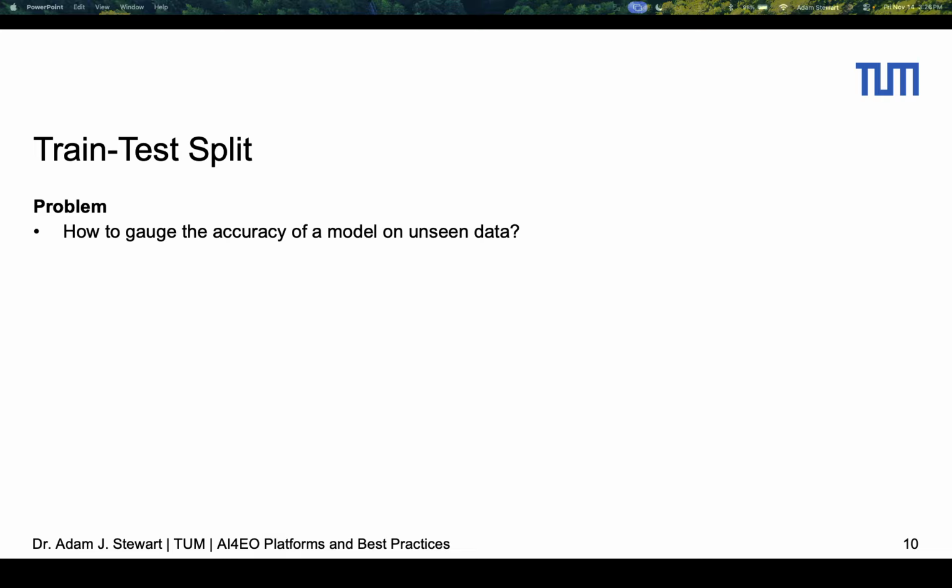So the image and the answer have no relationship whatsoever. And if you give it a big enough model and you give it enough time, it can still get 100% accuracy because it's not learning, it's memorizing. So we want to figure out how to teach a model, not just make it memorize.